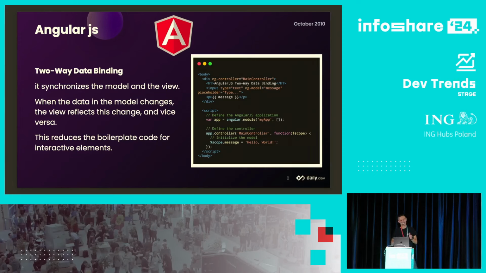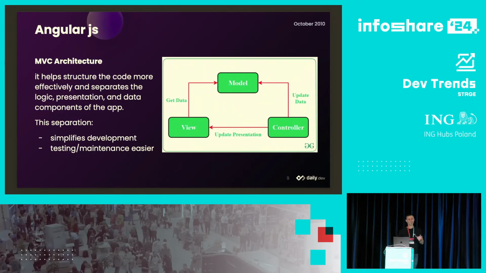Some core features: two-way binding, so to synchronize the model and the view. And the core idea was to reduce how much code we were writing. And of course, I skipped jQuery as a framework, but I wanted to start with this family of frameworks.